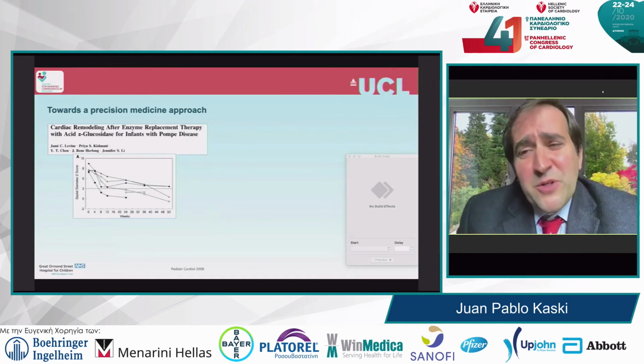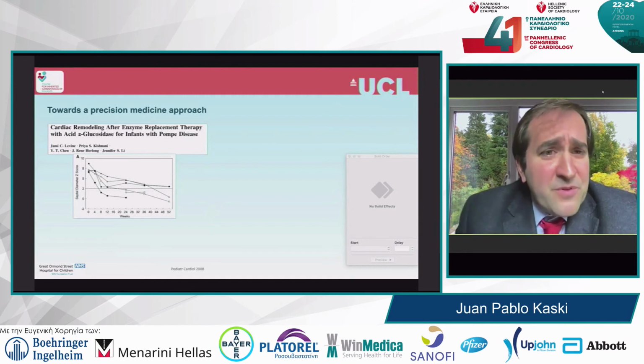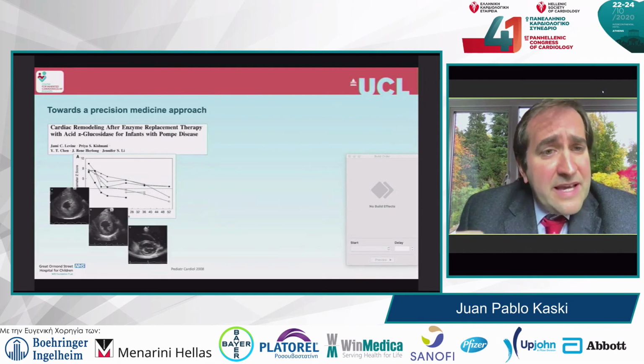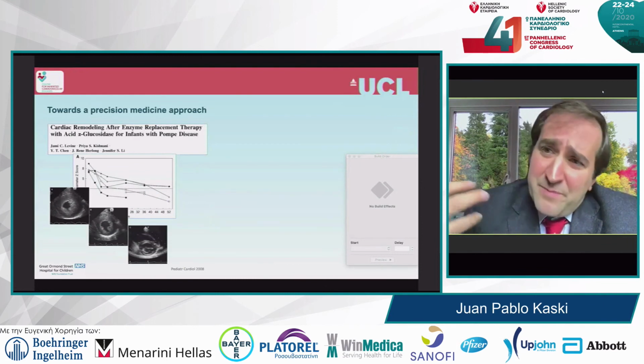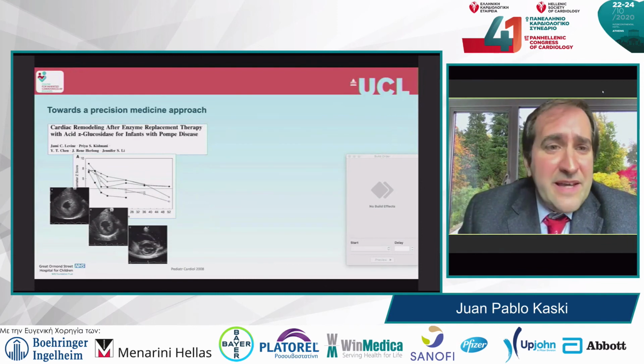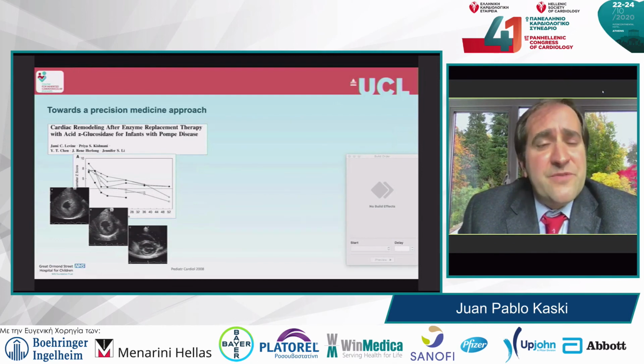And in a way, we've been doing this for a little while. So, for example, there are enzyme replacement therapies for Pompe disease that we know, when given early, can reduce the amount of left ventricular hypertrophy. So in fact, that patient I showed you right at the very beginning has been on enzyme replacement treatment for 7 years and actually has minimal left ventricular hypertrophy now.